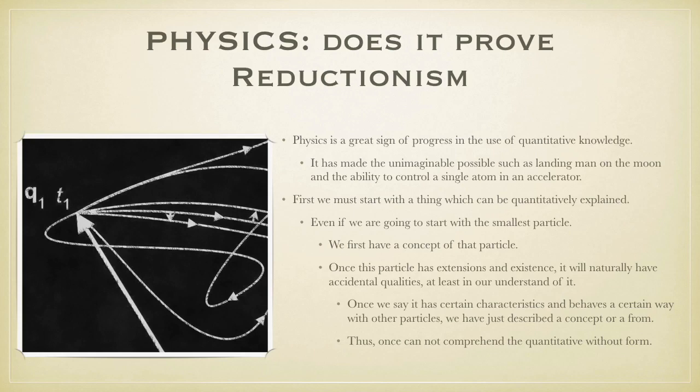To make these claims is to attribute a form or concept of this thing. Thus, the world cannot be comprehended with pure quantity, for eventually, man must refer back to some sort of form or concept. Thus, one could not comprehend the world or the quantitative without referring to some sort of essence.